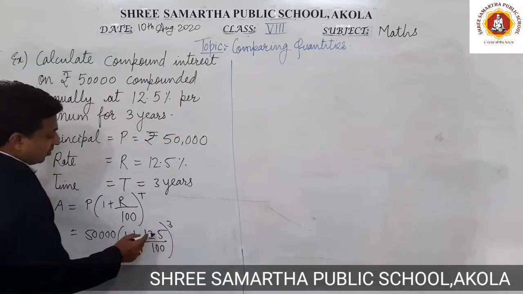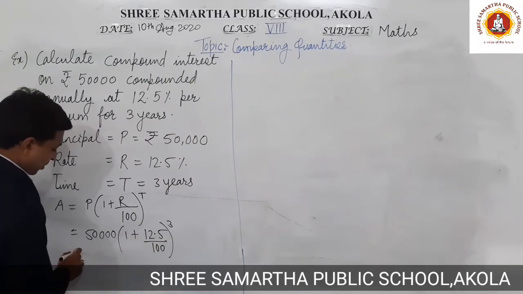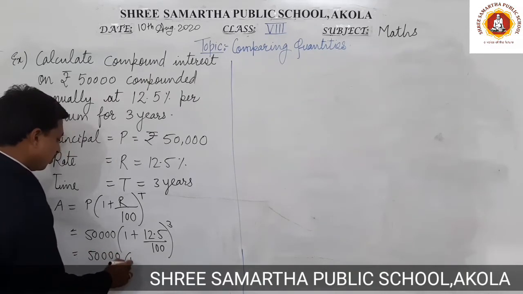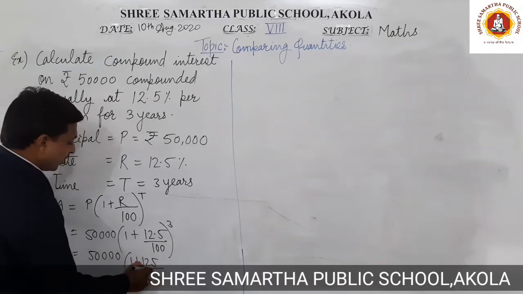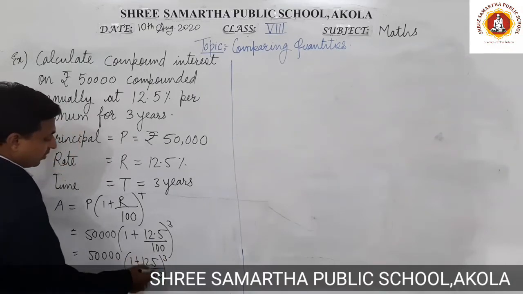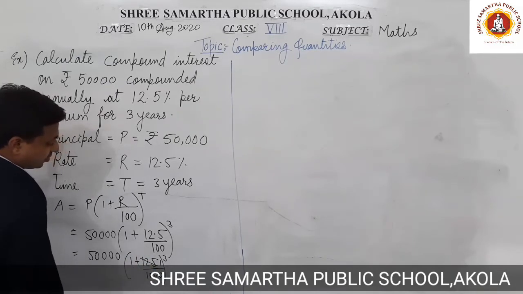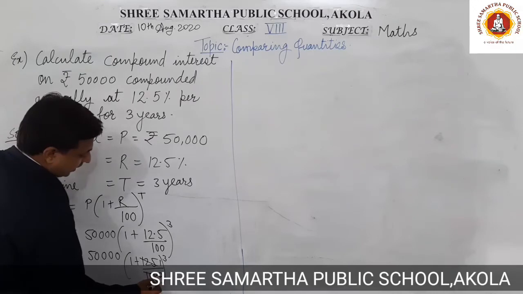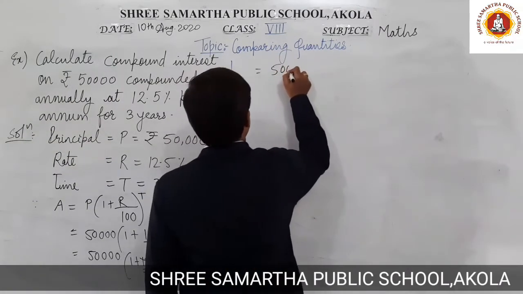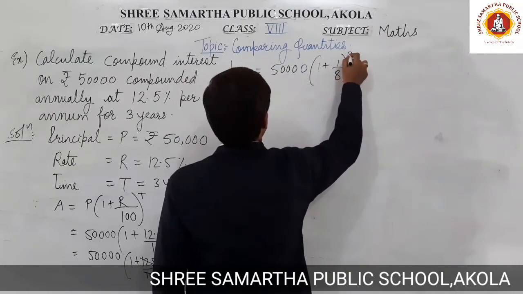Now dear student, to remove this decimal point, multiply numerator and denominator by 10, and we get 50,000 into 1 plus 125 by 1000 raised to the power 3. Now divide by 125: this 125 becomes 1 and this becomes 8. So we get 50,000 into 1 plus 1 by 8 to the power 3.